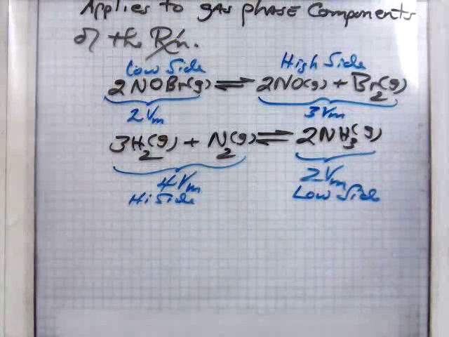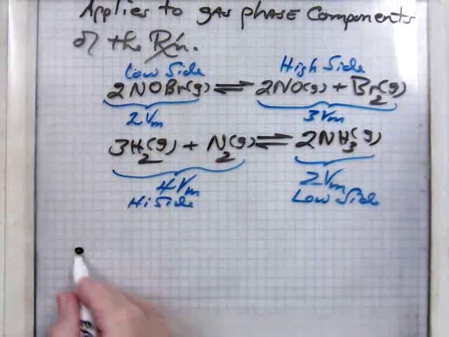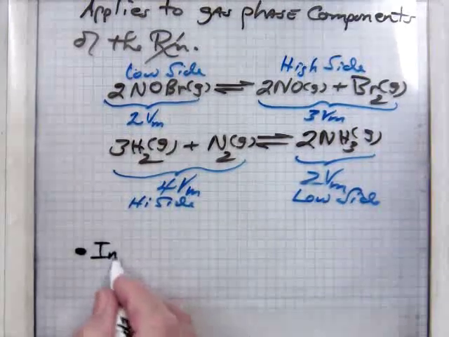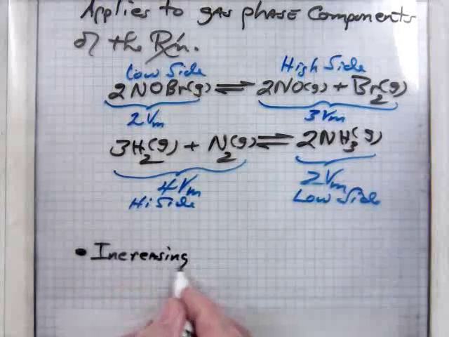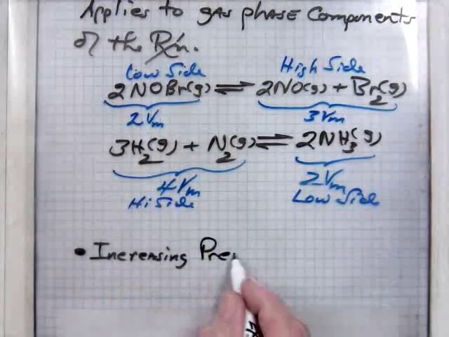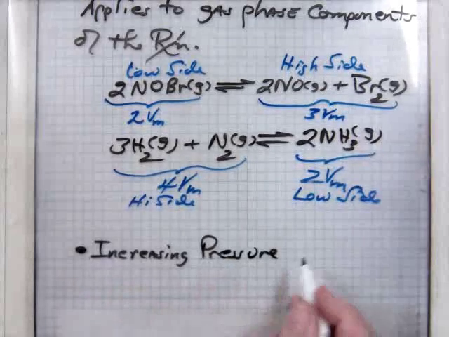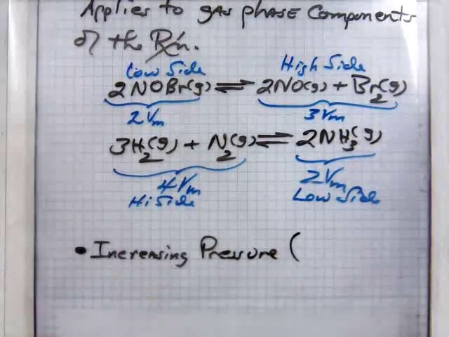So the rules are simple then. Once you understand what you're looking at in terms of the equation, then increasing pressure, and at the same time reducing volume, see, the Boyle's law effect is an inverse.